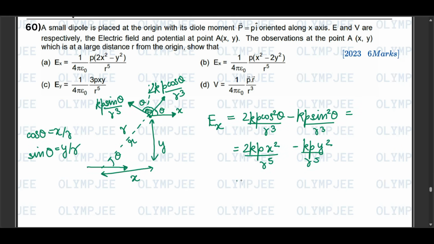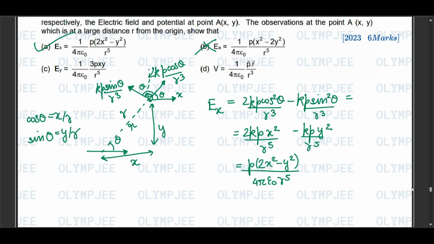So this will give us the result, right? So option B is wrong because there is a 2 here. So B is wrong and A is correct.